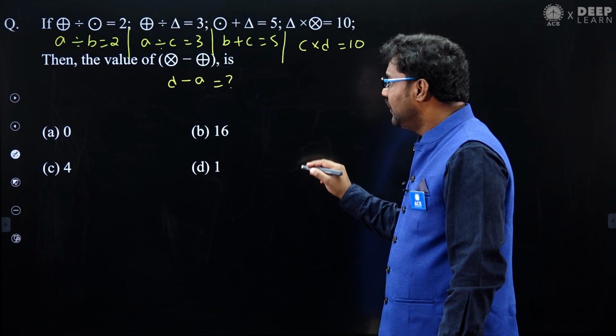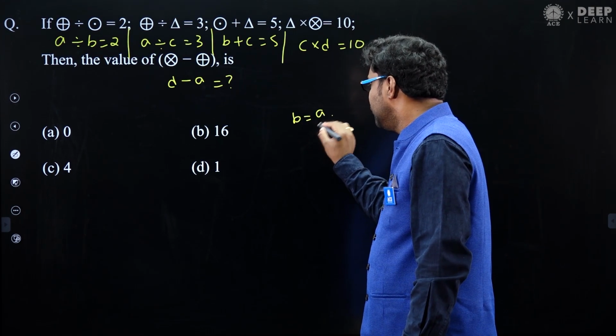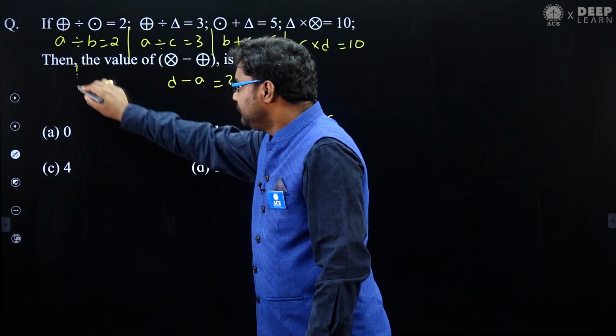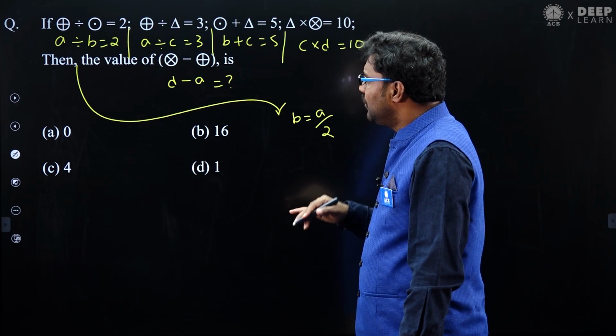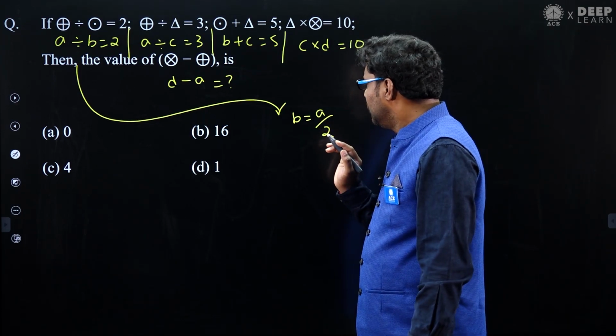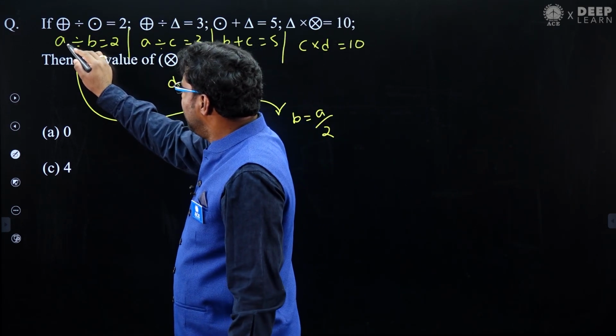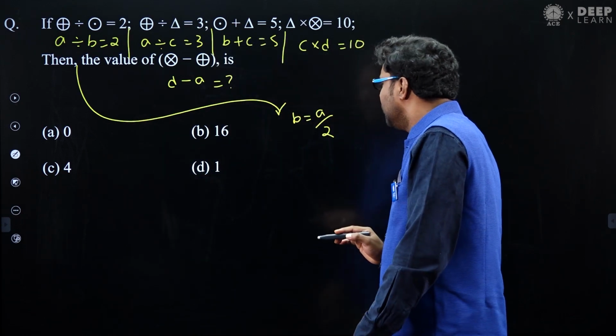From the first equation, A by B is equal to 2, so B is equal to A divided by 2. That's cool.